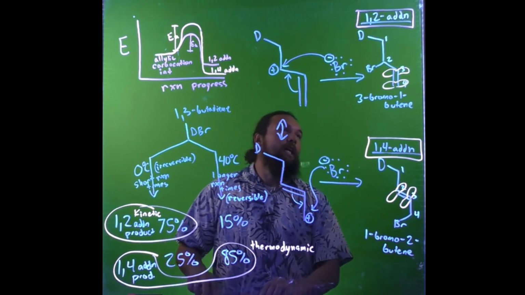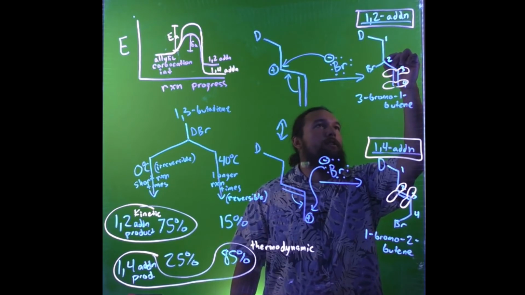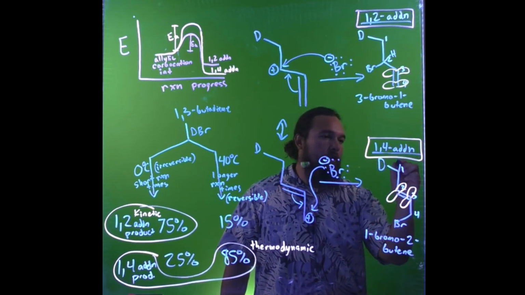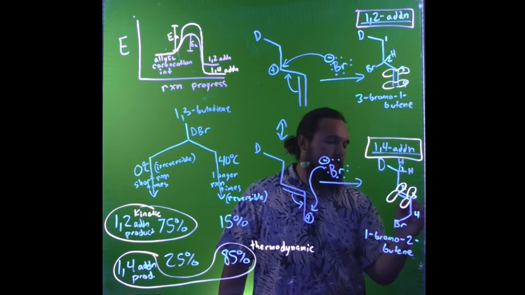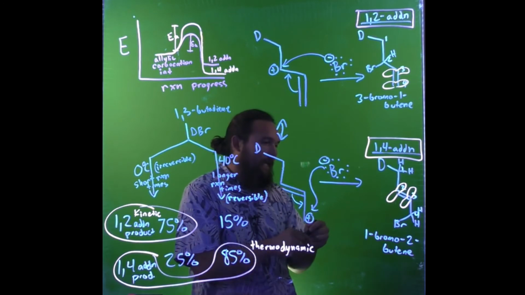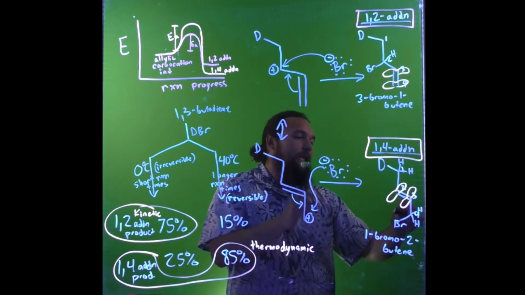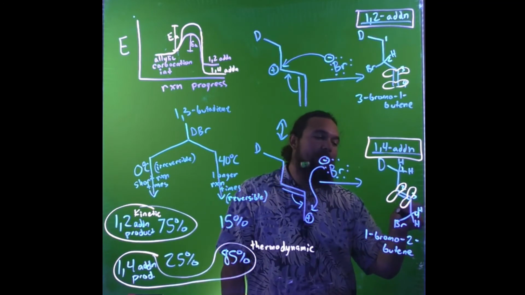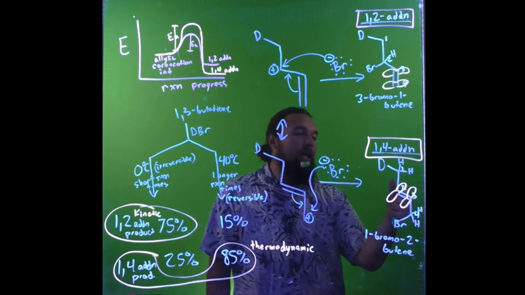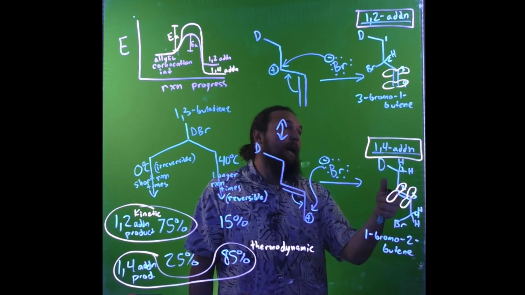Now, if we draw out the extra hydrogens over here, and our hydrogens over here, what ends up happening is these alkyl groups on either side of the pi bond can orient themselves so that the sigma bonds between the carbon and the hydrogens can actually donate and give more stability to these pi bonds.